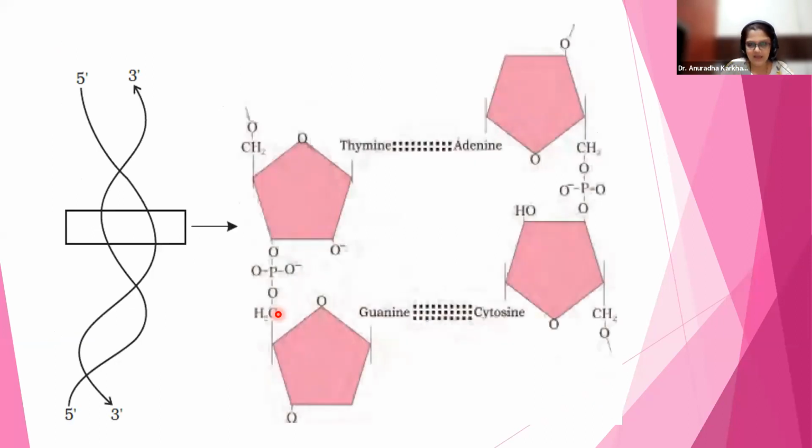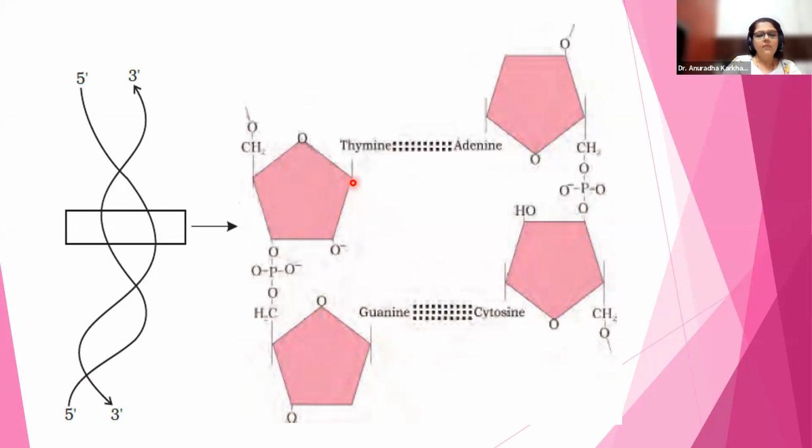Okay, look at this. Now it will be easy for you all to understand what I am saying. This is your pentose sugar. This is the first carbon. Once I write it down, it will become all the more easy for you.